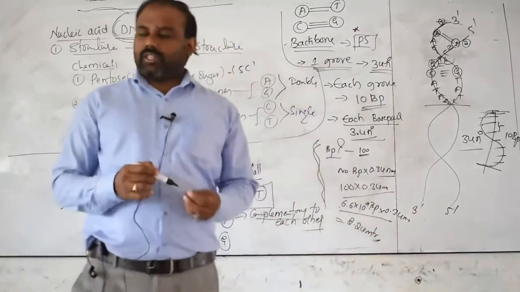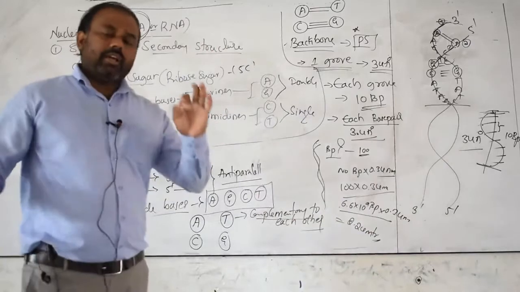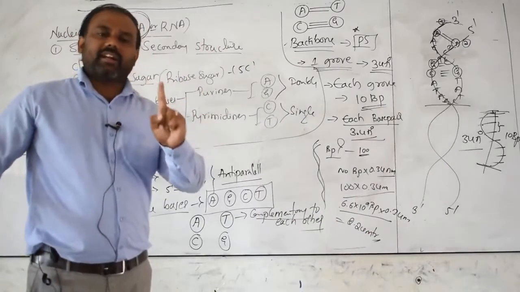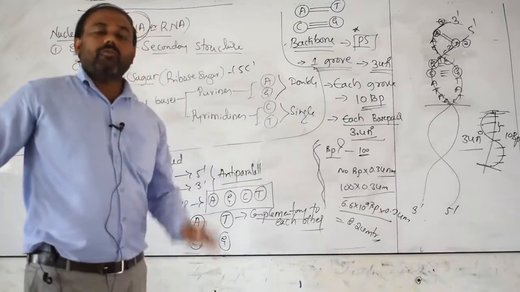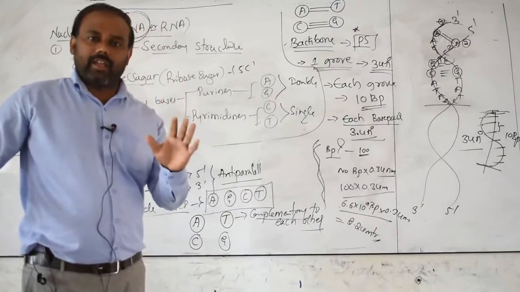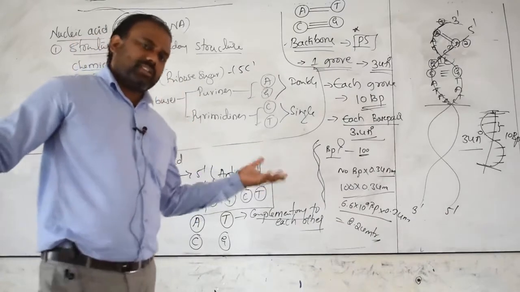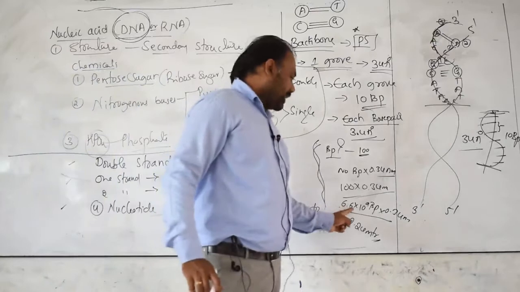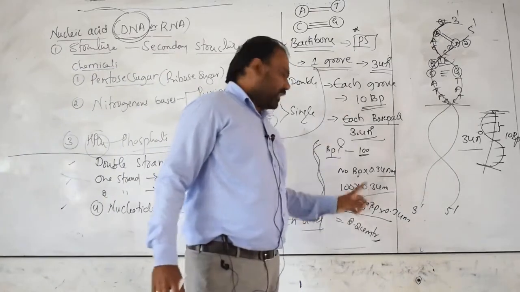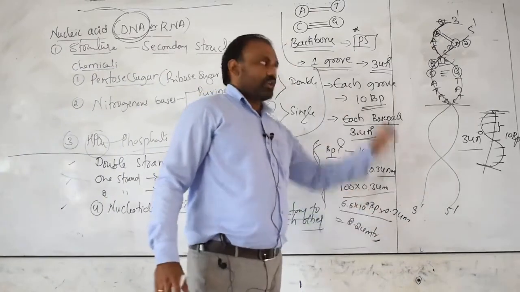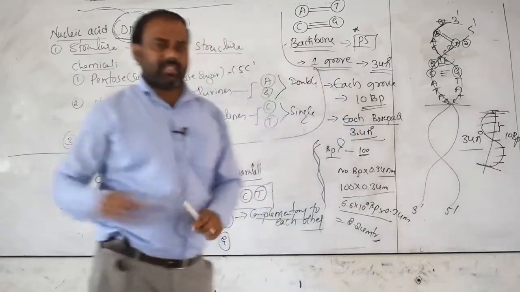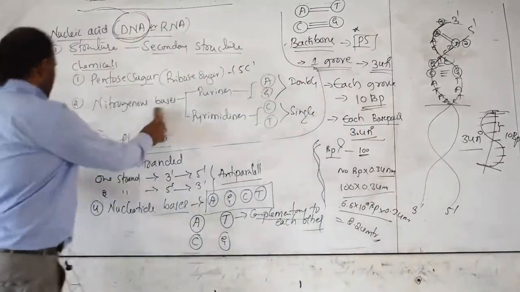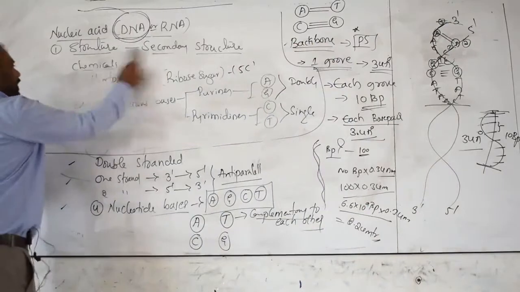So in the human body, a single cell contains almost 2.24 meter of DNA. How did I calculate this? Simple: number of base pairs in the DNA into the distance between two successive nucleotide bases gives you the length of the DNA.